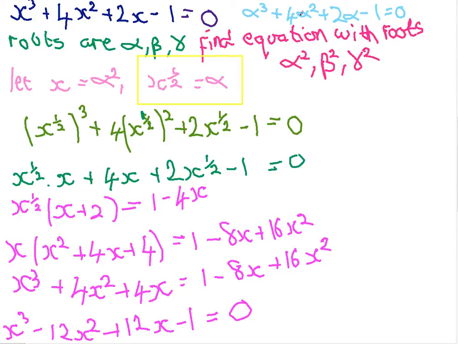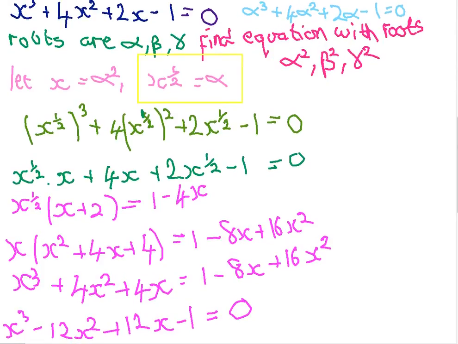Well, if you manipulate this expression here, you should be able to come up with an expression which gives, if we just substitute alpha squared into there, alpha to the 6th minus 12 alpha to the 4th plus 12 alpha minus 1 equals 0. Well, according to this equation, this must be true because alpha squared is a root of that.